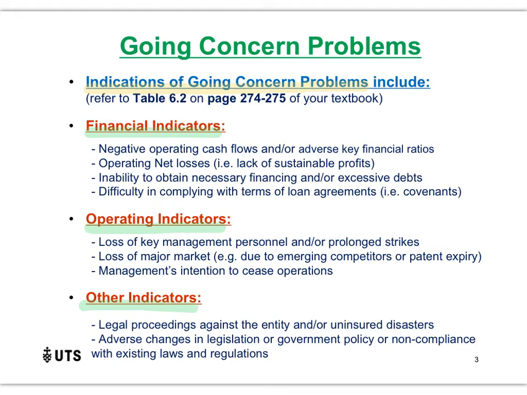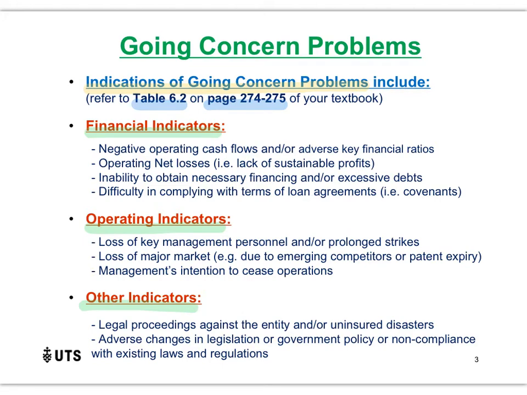Now, I'll take you through a few of these that you can see on the slide, but I'd like to highlight that there's a bigger list of these in your textbooks. So if you refer to table 6.2 on pages 274 to 275 of your textbook, you will see a wider range of examples for you.